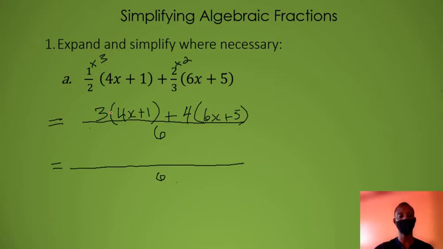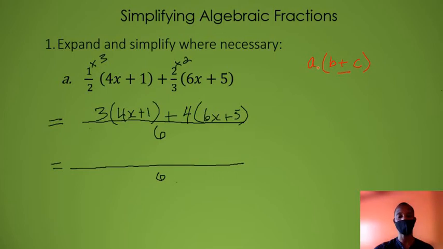How can we expand the brackets? In other words, remove the brackets in order to simplify. That's correct. We use what is called the distributive law. The distributive law states that multiplication is distributive over addition or subtraction.